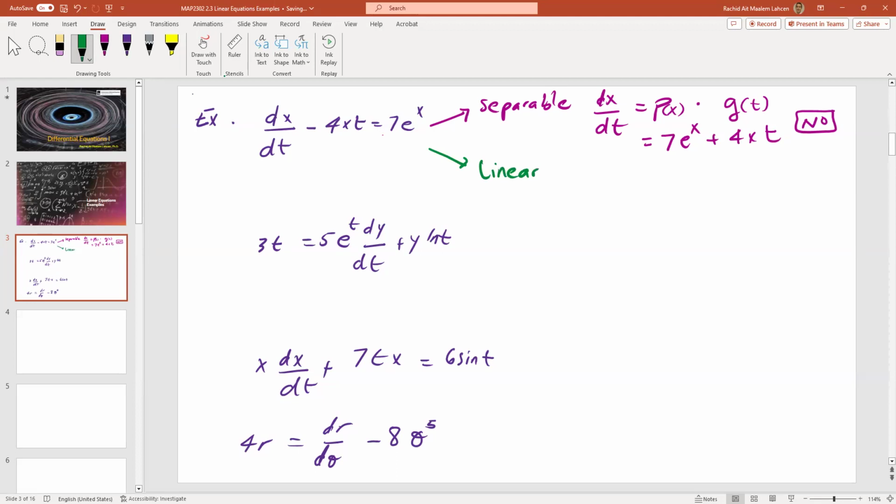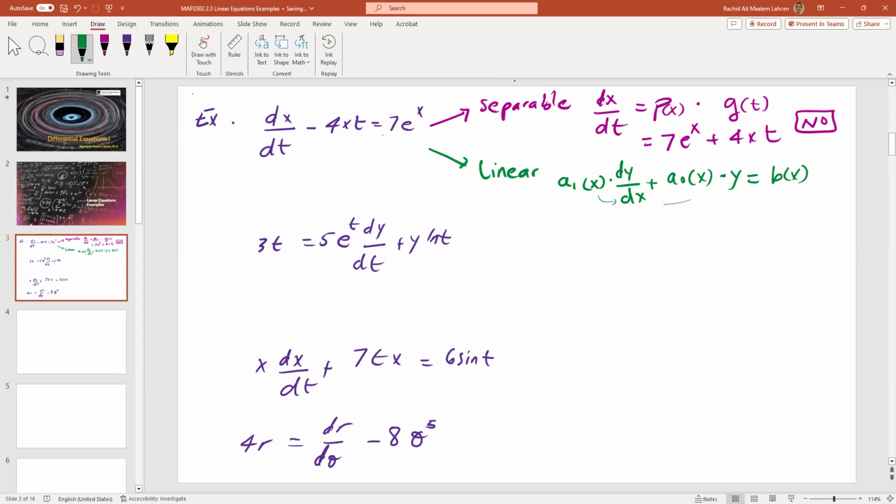Linear, just like you're used to in linear algebra, you have this first derivative times some a1 of x, right? Not a1 of y, plus some same thing times y, not y squared or y cubed, equal to b of x.